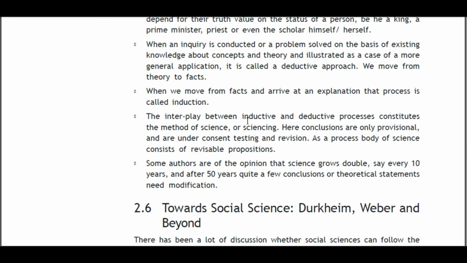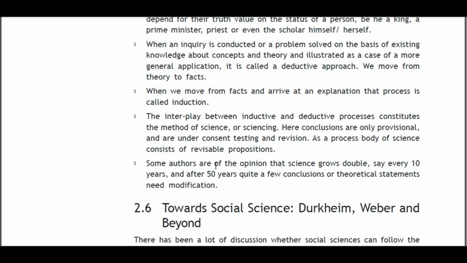The interplay between inductive and deductive processes constitutes the method of science, or sciencing. Here conclusions are only provisional and are under constant testing and revision. As a process, the body of science consists of revisable positions.